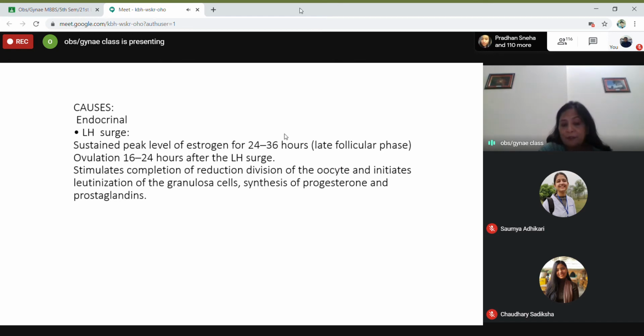By this, there will be an LH surge, luteinizing hormone, and after 16 to 24 hours of the LH surge, there will be ovulation. This LH also stimulates completion of reduction division of the oocyte, and initiates luteinization of granulosa cells and synthesis of progesterone and prostaglandin.